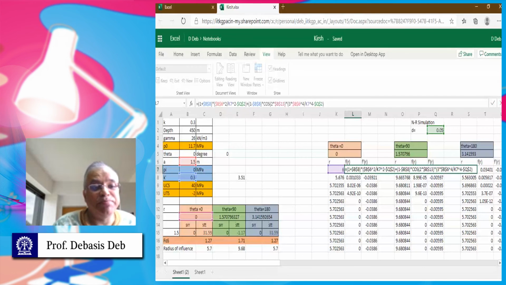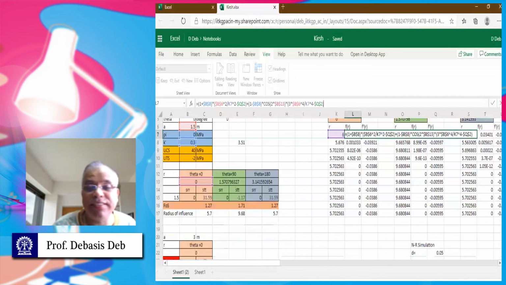Now similarly, I calculated for A equals 3, that means the bigger tunnel. Okay. Somebody should write down these values, because I will come back to them later to show on the whiteboard. So this is A equals 3 meter, the bigger tunnel.